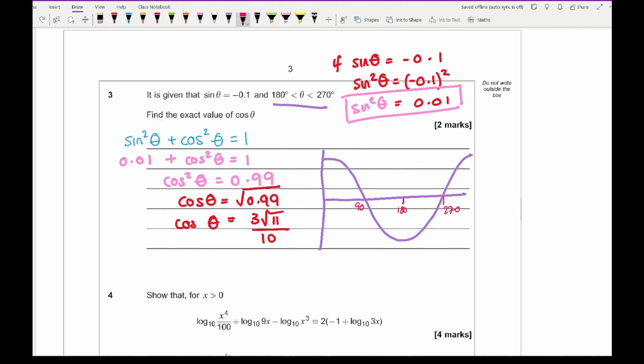So we're looking for this region here. So therefore, if this value here is going to be root 99, then I need to be looking at the negative value. So that needs to be plus or minus. So therefore, it's going to be minus 3 root 11 over 10.